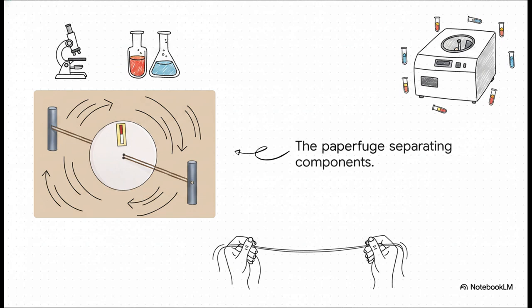But what happens if you're in a place with zero electricity? Well, taking inspiration from a simple spinning string toy, scientists built this hand-powered device. By pulling the strings, they spin blood samples at unbelievably high speeds, separating the heavy and light stuff, just like a fancy lab machine. No electricity required.